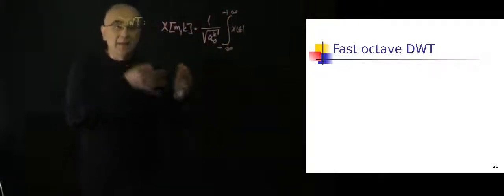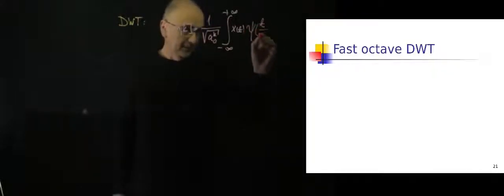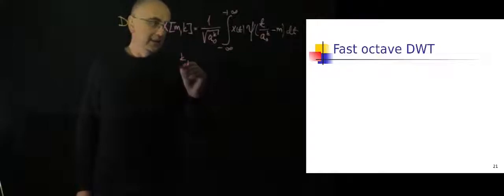Actually, the comparison between the signal and some kind of wavelet which is actually scaled and shifted. Okay, so once you choose the initial scale, k as well as the time shift m are integers.